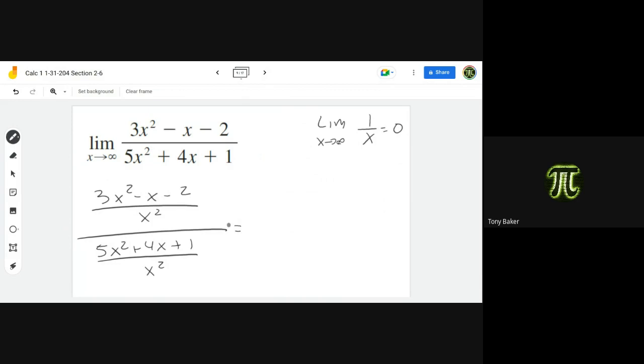All right, so now let's look at the top and the bottom. What do I have on the top now? 3 minus 1 over x minus 2 over x squared. And on the bottom, I have 5 plus 4 over x plus 1 over x squared.